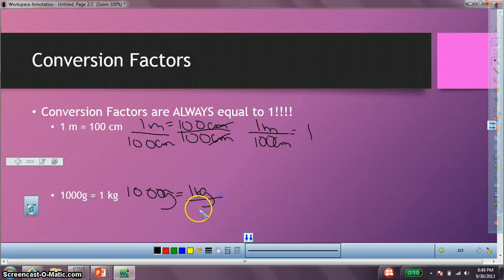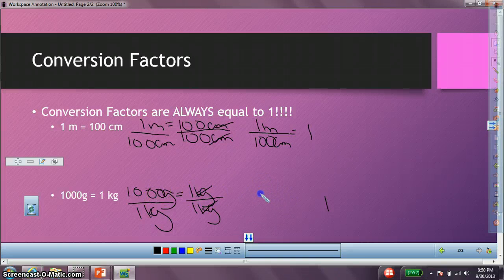So we're going to divide both sides by 1 kilogram. Now on the right side again, 1 divided by 1 is 1. And our units, kilograms divided by kilograms, will cancel.